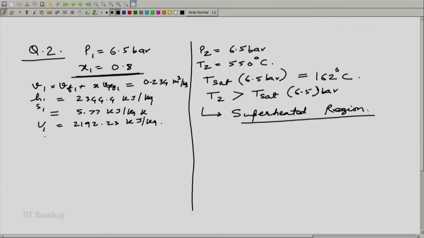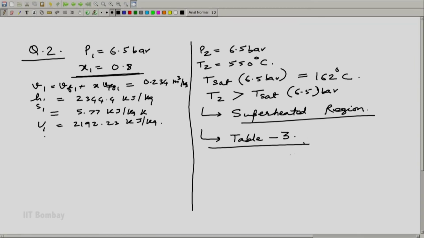Alright, and therefore I can get the values for the superheated region from table 3, at 550 degree centigrade. Again you may require to do interpolation.